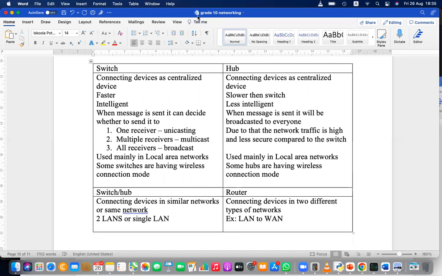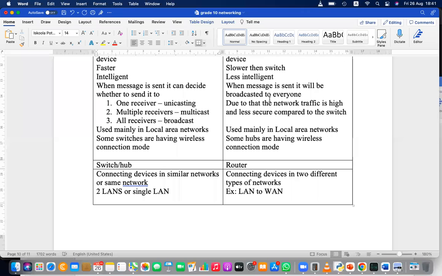First of all, please write this down too. What are these LANs? What are these WANs? What are these PANs?